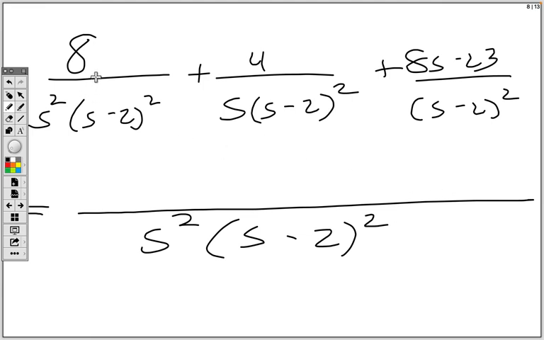So on the first one here, I have everything I need. I've got the full denominator here. For this denominator, I'm only off by a factor of s. That's not going to be a big deal. And then here I'm only off by a factor of what? What do I have to multiply this by to get that denominator?